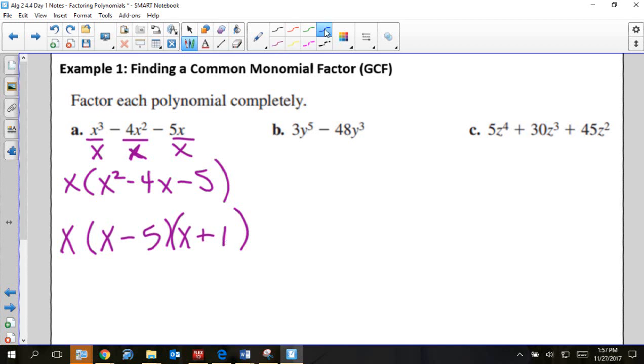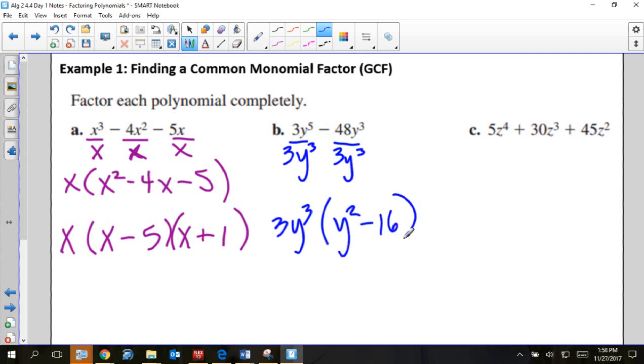All right, next question. What's our first step? Is there a GCF? Yes. What is it? 3y to the third. So we have 3y to the third multiplied by y to the second minus 16.